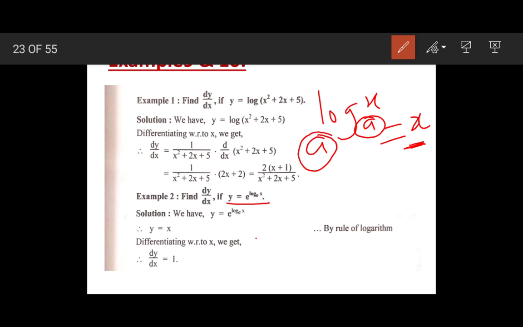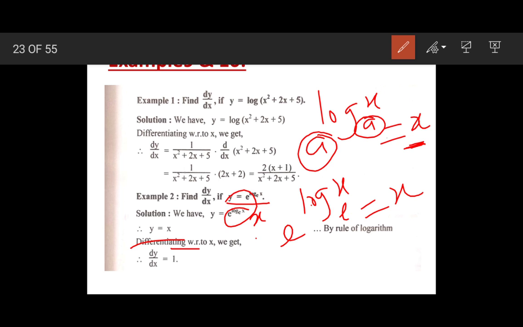This is the law of logarithm. So by using this law, we get e raised to log x to the base e as simply x, right? Now y is equal to e raised to log x to the base e, and this is equal to only x. So finally I am getting y as x.